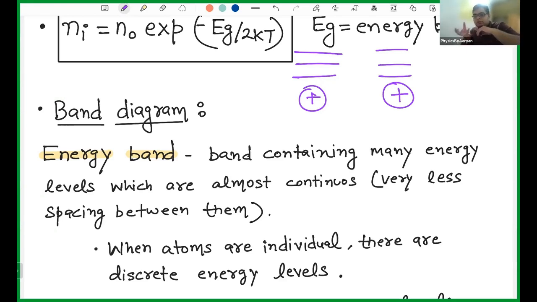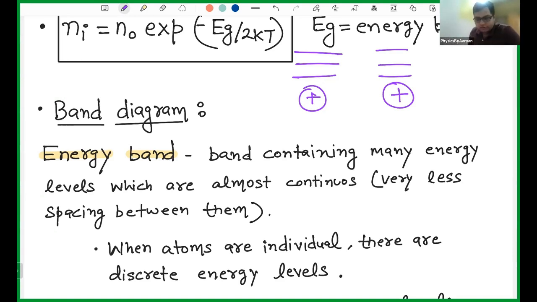Similarly, the third atom will also come and they will also interact. The fourth atom will also come and interact. So all the atoms in a solid are interacting with each other, at least with the closest neighbors. Now, one atom is interacting with 3-4 atoms around it, resulting in the formation of new energy levels.